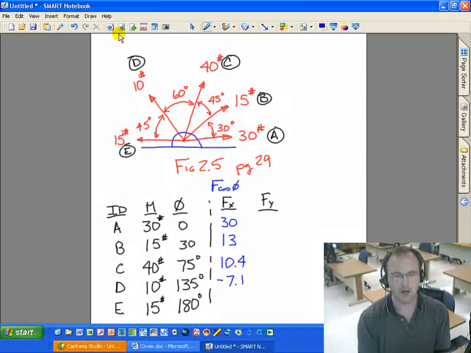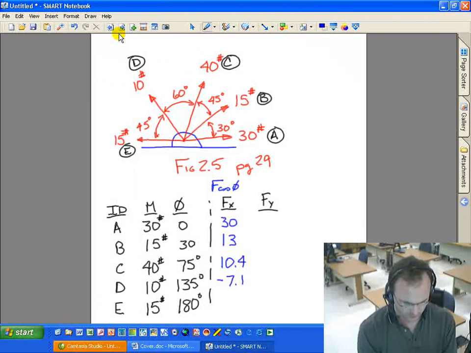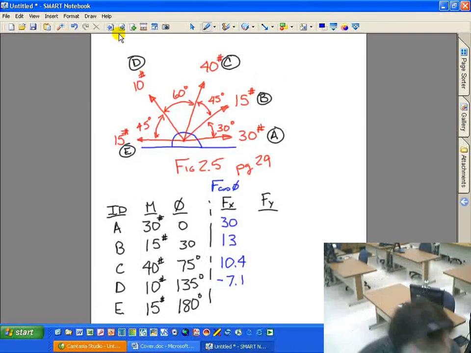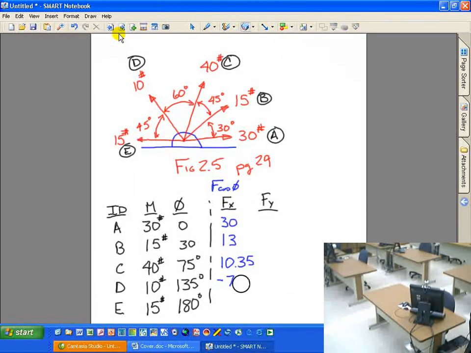Actually, while you're doing these, take the Fx and Fy to 2 decimal places. So 40 times 75 cosine gives me 10.35. And 10 times 135 cosine gives me negative 7.07.